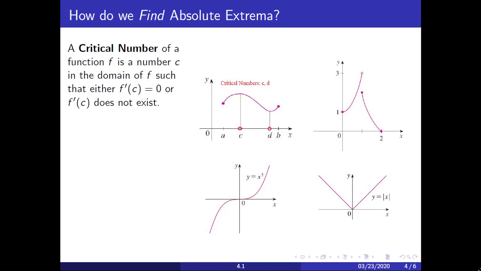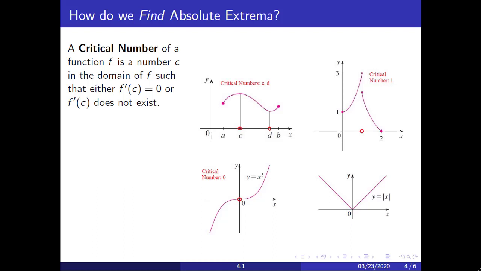Looking at the top left graph, the second one, the only critical number is x equals 1, because f prime of 1 doesn't exist, because the graph has a jump discontinuity there. Turning now to the bottom left graph, that of y equals x cubed, the only critical number is x equals 0, because we can again see that the tangent line is that of a horizontal line there.